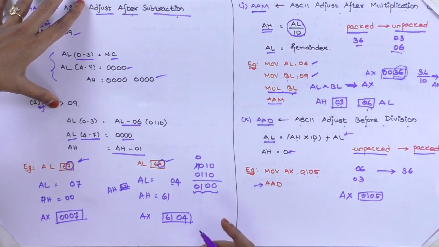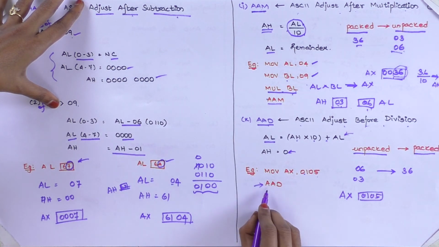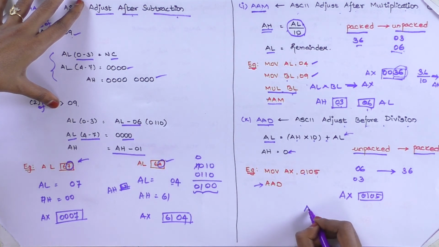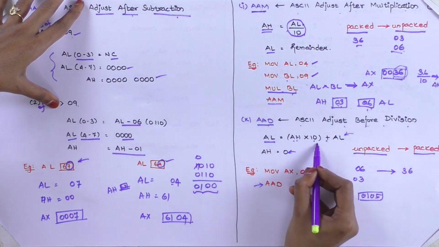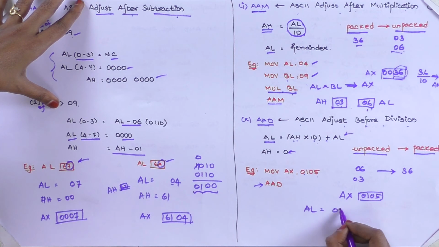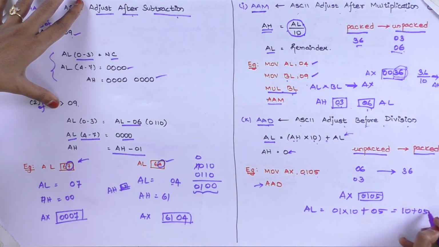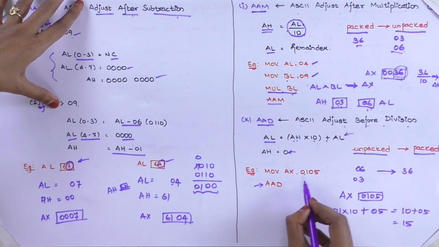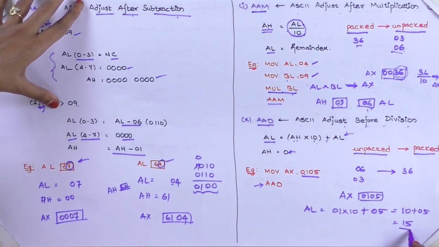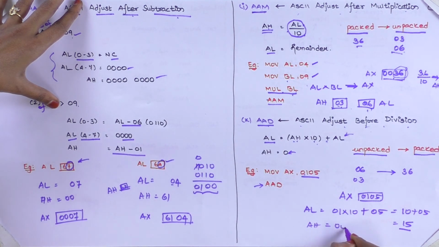How do we get AL? AH times 10: the AH value 01 times 10 is 10, and adding 5 gives 15. So 0105 becomes 15, and AH becomes 0.